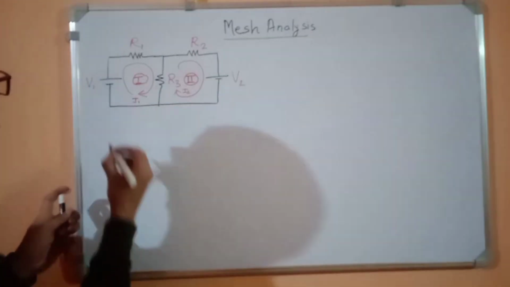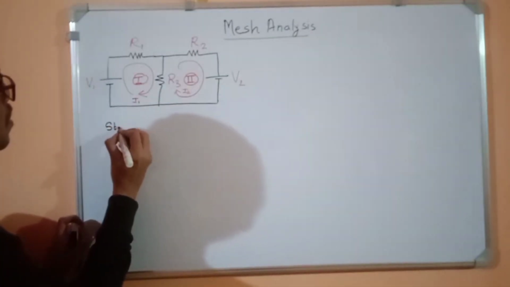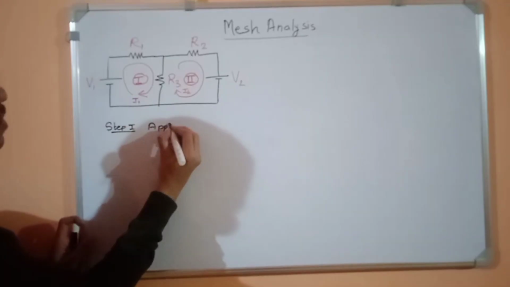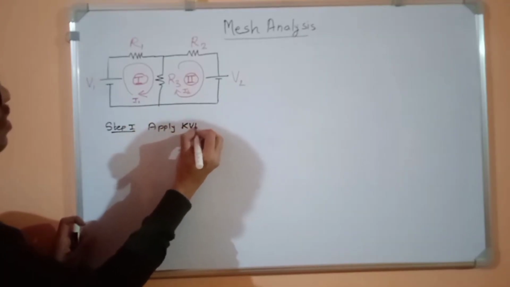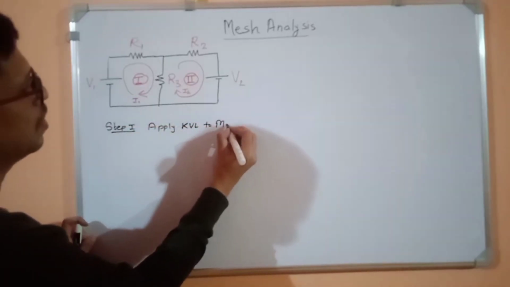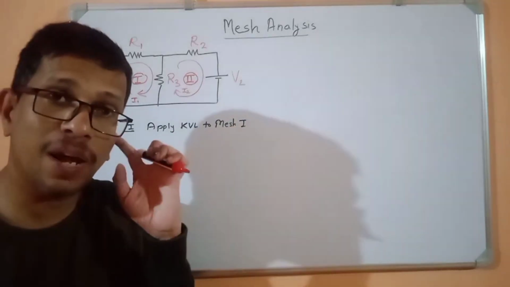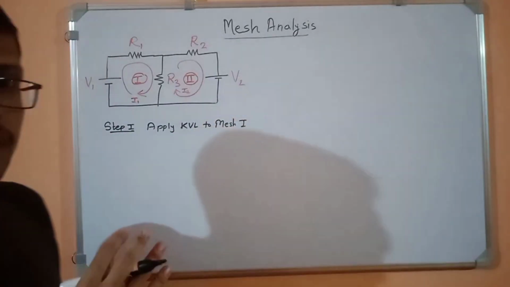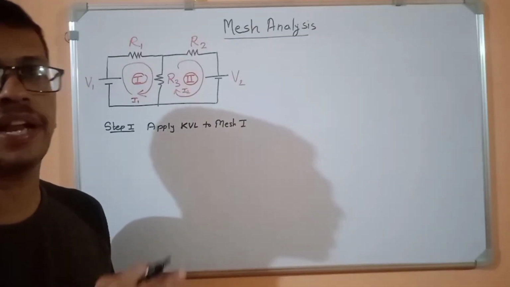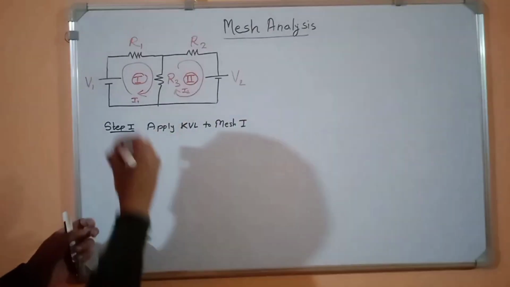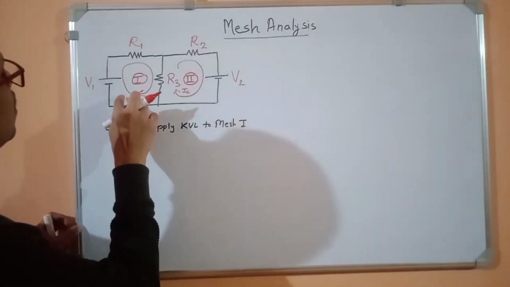So in step 1, apply KVL to mesh 1. How will you apply KVL? In previous videos we have seen how to trace the circuit. Here also we have to do the same thing.